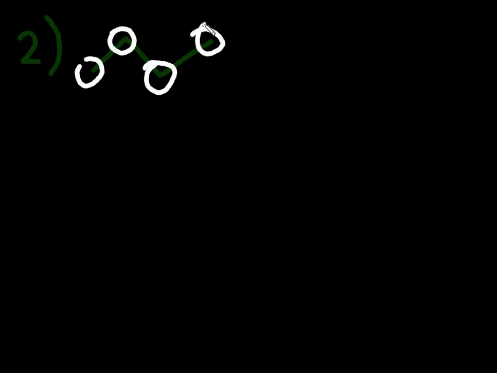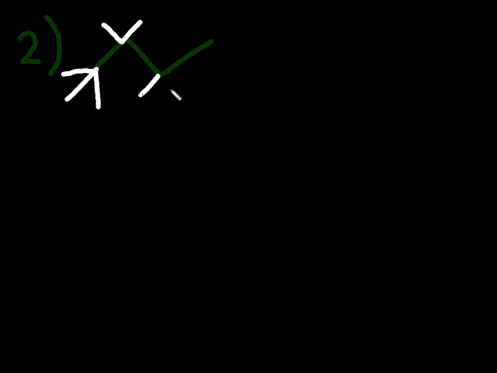Now, let's try another one. What is the name of this compound? Well, we know that we have 1, 2, 3, 4 carbons, C4. And how many hydrogens? We have this end here that has 3, 2 there, and 3 at the end.